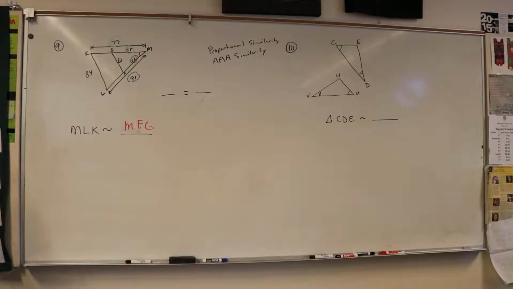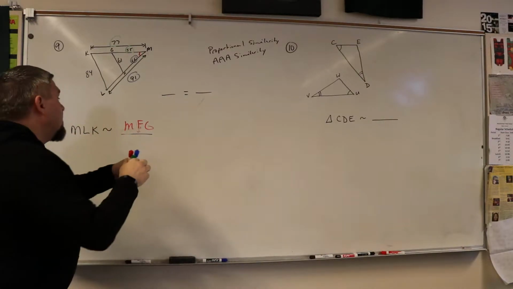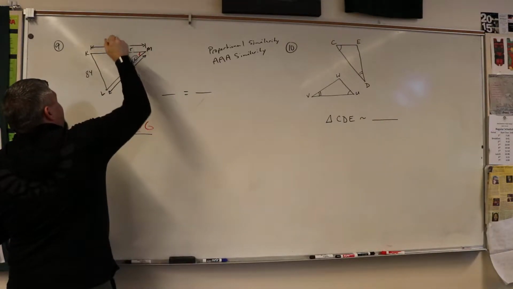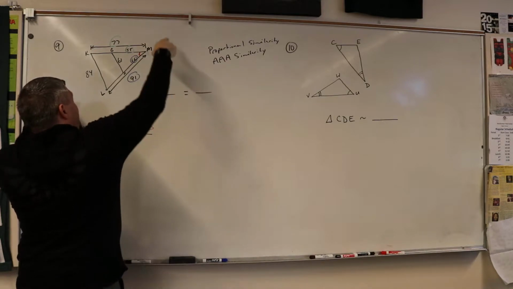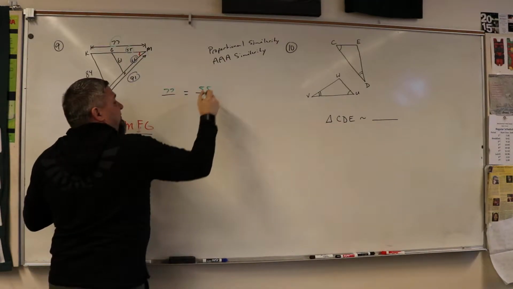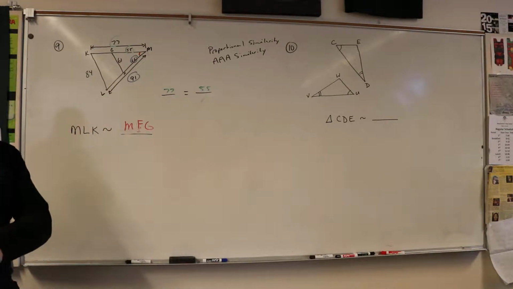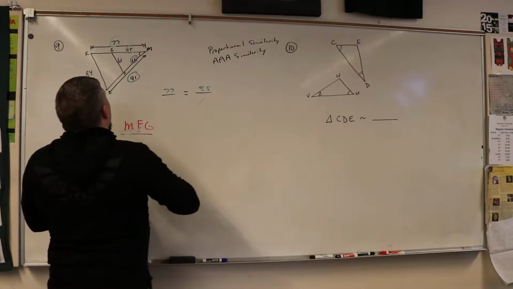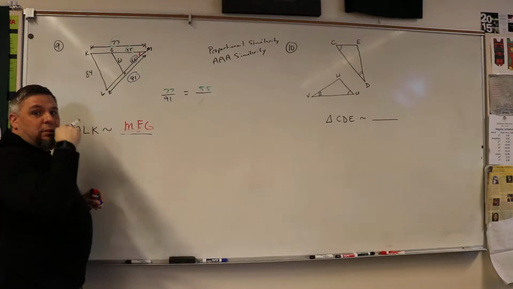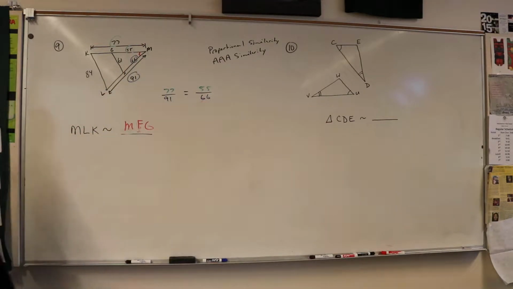And the way this should work is that 77 on the big triangle is to 55, as the big triangle, 91, is to 66.